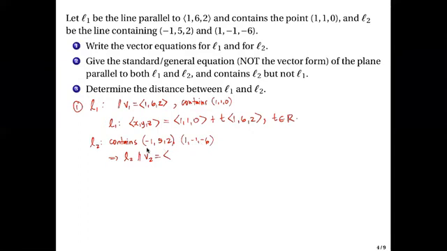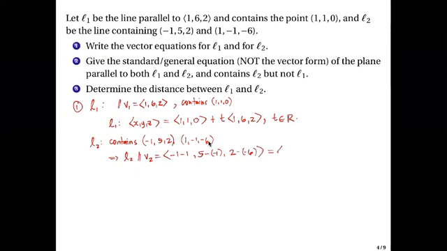So in here, we have 1 minus -1, then -1 minus 5, and then -6 minus 2.